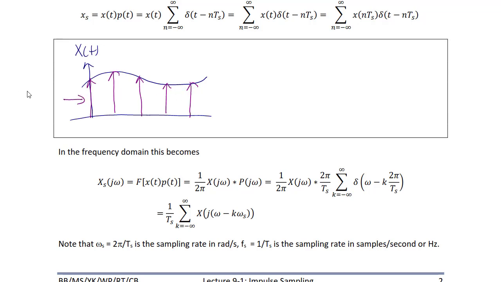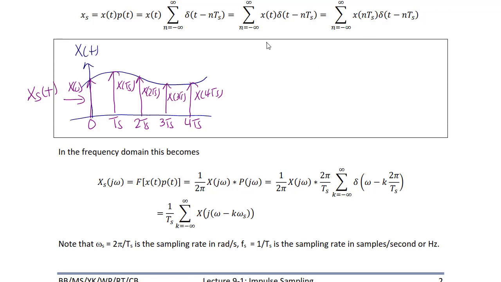And these represent xs(t), where this one would be x(0), x(Ts), x(2Ts), x(3Ts), x(4Ts), and so on. This is 0, Ts, 2Ts, 3Ts, and 4Ts.